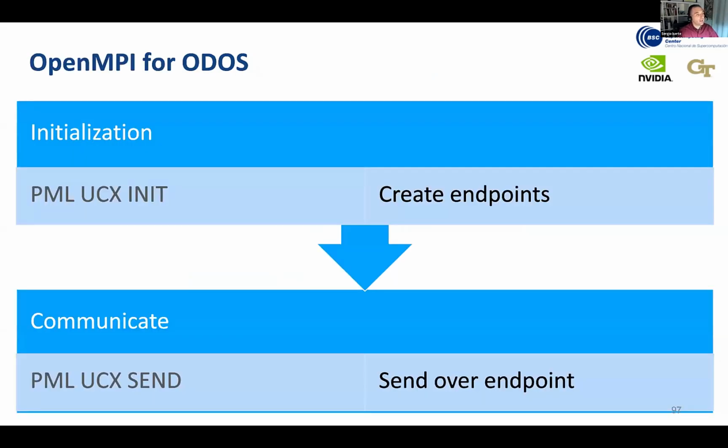Particularly, OpenMPI for OMPC creates the endpoints in the PML UCX module of OpenMPI during initialization, and when there is communication, the data is sent over those endpoints.